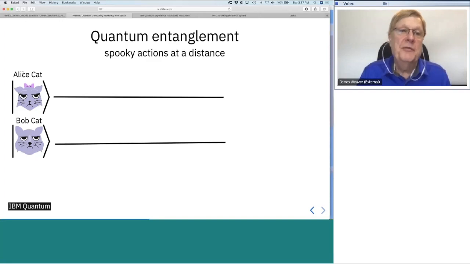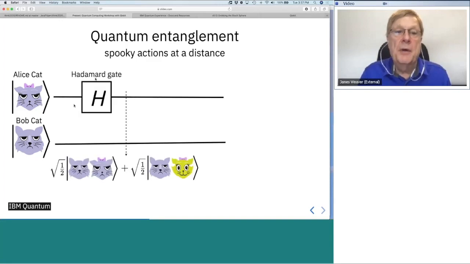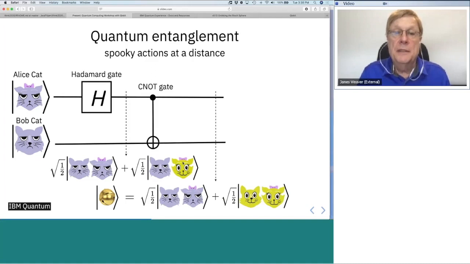Here we've got Alice the cat and Bob the cat. And Alice, we're going to run her through a Hadamard gate. Now she's going to be an equal superposition of grumpy and happy. We've covered that. We run a CNOT gate now. That's our first 2-qubit gate. That one actually spans 2 different cats.